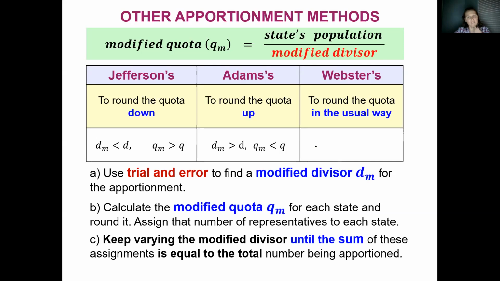So we round the quotas down, and if you round the quotas down, of course we will get a total number less than we want to assign. It means that we must modify the quota. And so we change the quota by hand, so we don't have any formula for this, and we change it until we get the number to assign that we need.